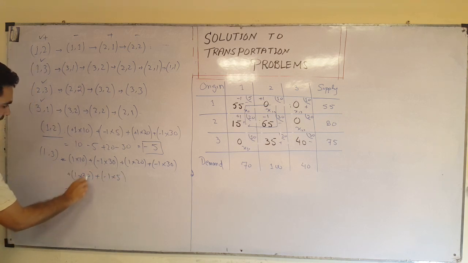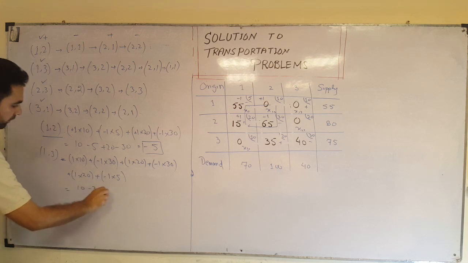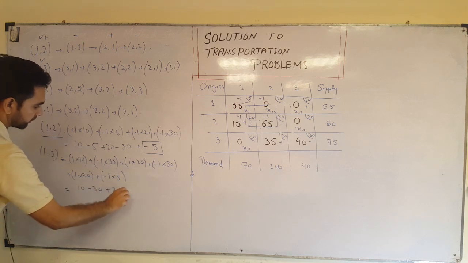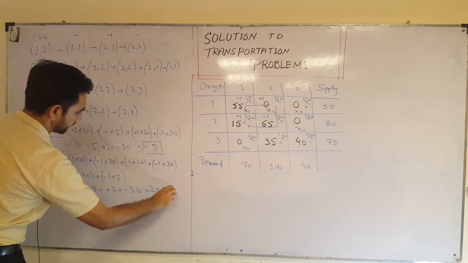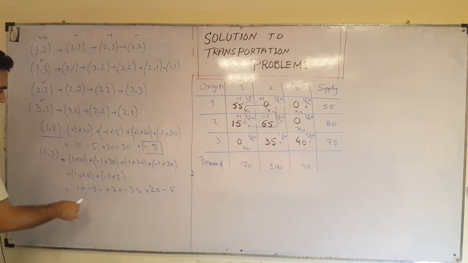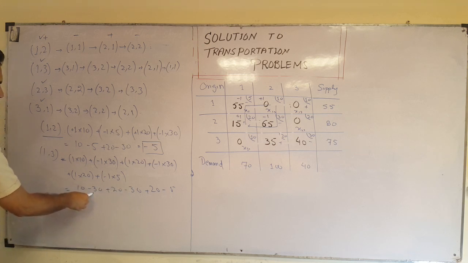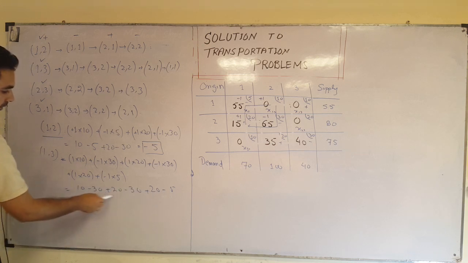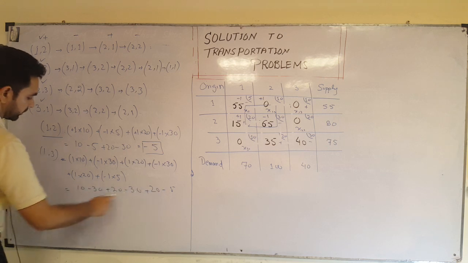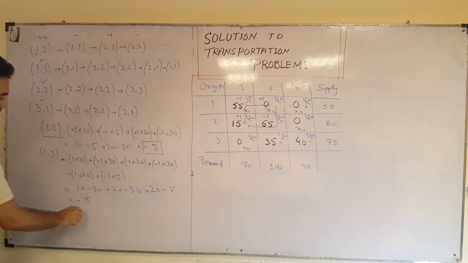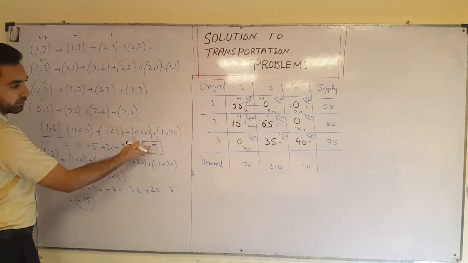So that is 10 minus 30 plus 20 minus 30 plus 20 minus 5. Minus 30 is 60, and this one is 20, 20, 40, 50, minus 10, that is minus 15. So this means that the margin of minimization in this one is more than this one.